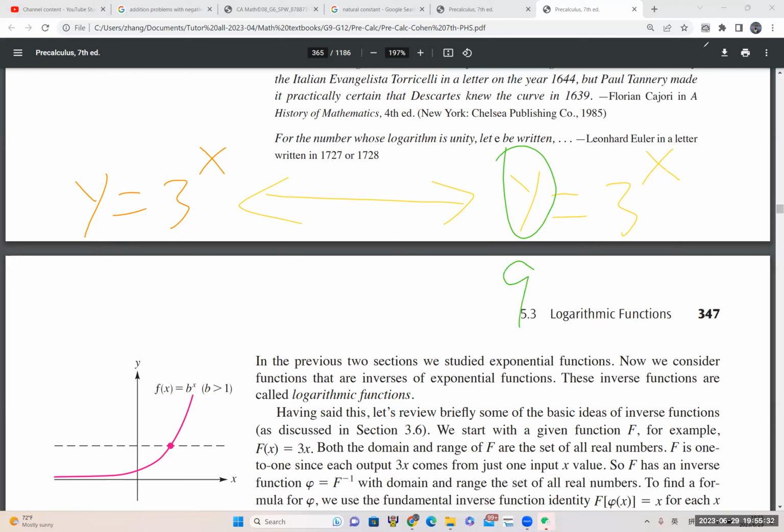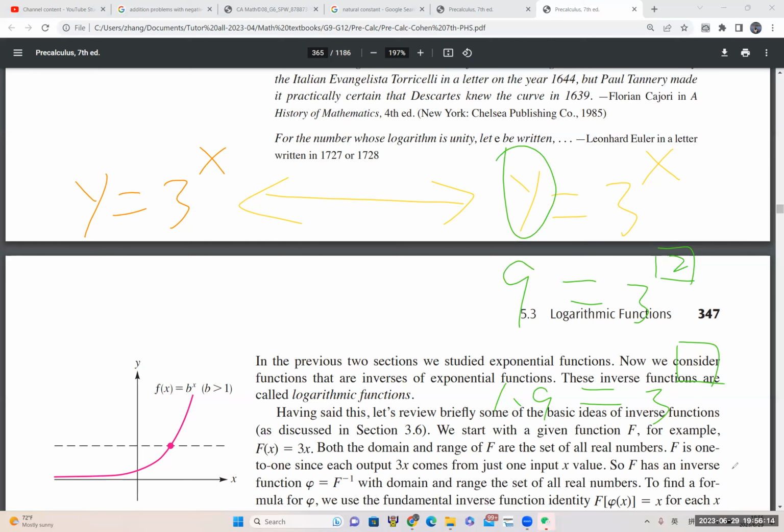9. So we want to know when y is 9, x is what? Here is a good number. We know x is just 2, right? But if it's not 9, for example, if it's 1.9, then what should x be? Not 2. It's not a whole number, but it's between which two consecutive integers?